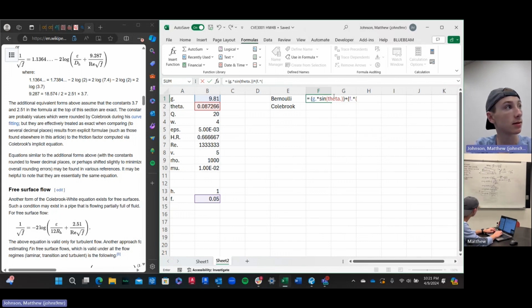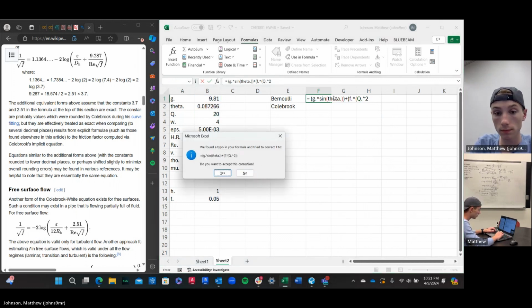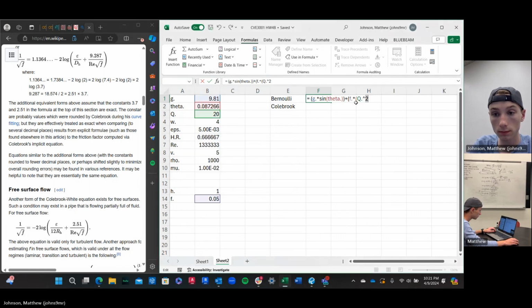We got q squared on the top, times, what else is on the top?